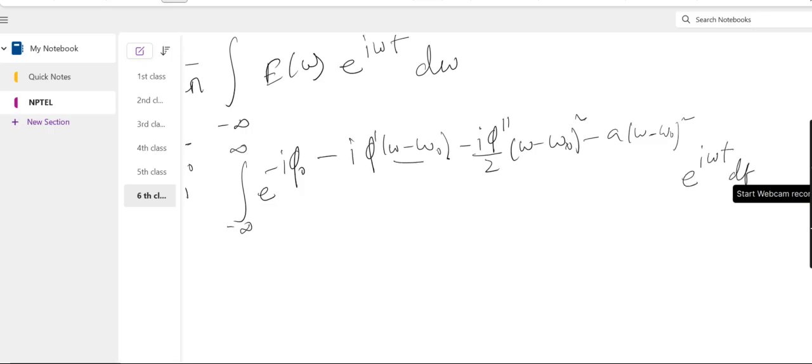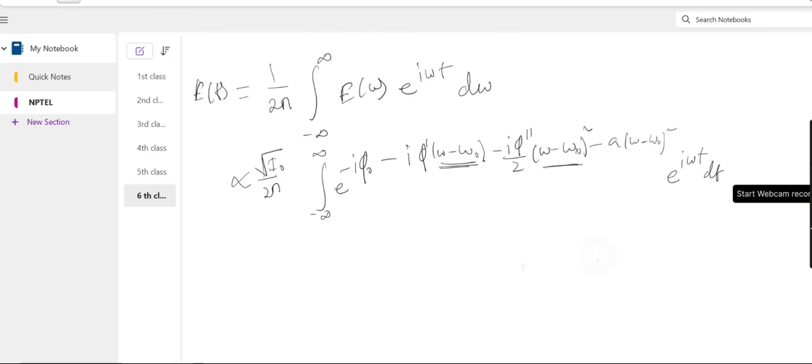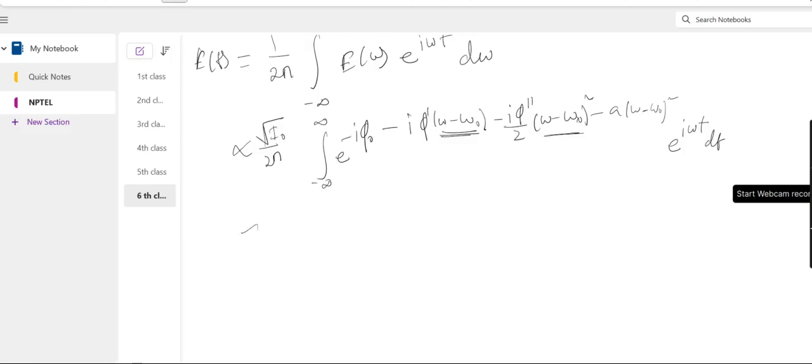The same thing here, we need to convert omega to omega minus omega naught, so we will multiply with e to the power minus i omega naught inside the integration and keep the e to the power i omega naught t part outside the integration. So basically that would happen, I naught by 2 pi, like the previous thing.